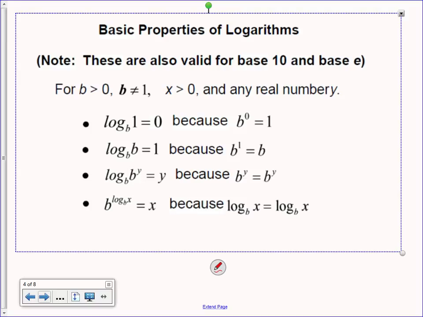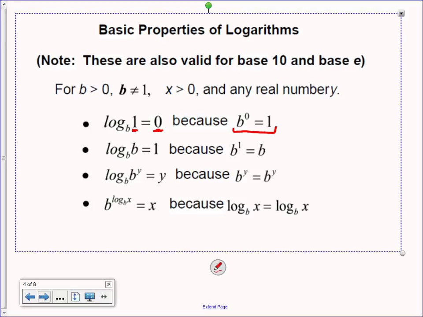Okay, so for b greater than 0, and remember b cannot equal 1, and if x is greater than 0 and any real number y, then, okay, here's your first property. If you have log base b of 1, that will always equal 0, okay? Anytime you find the logarithm of 1, you know automatically that is 0, because when you raise a base to the 0 power, it always equals 1, okay?